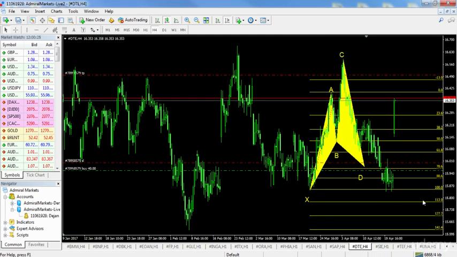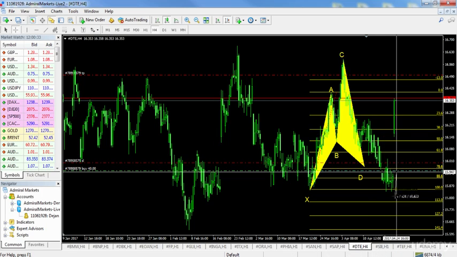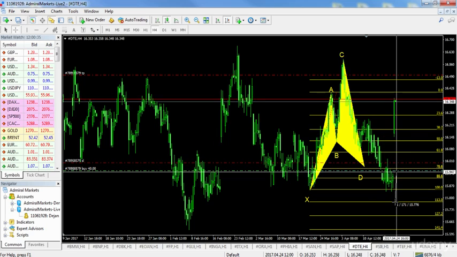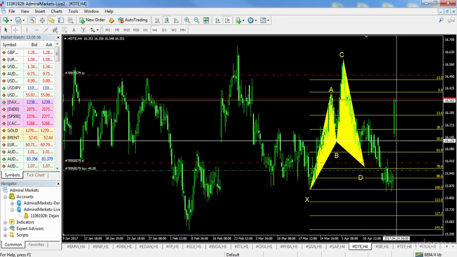Now let's see what this level should be. So if the stop loss was here and it was around 17 or 18 pips, that is this level here.